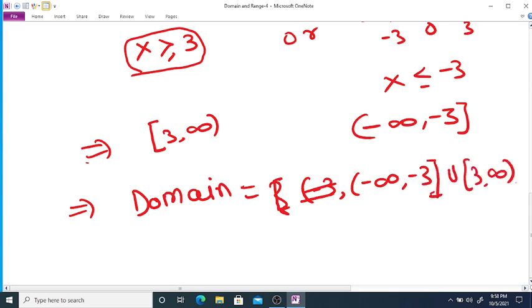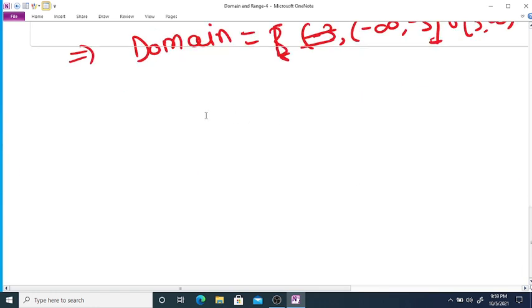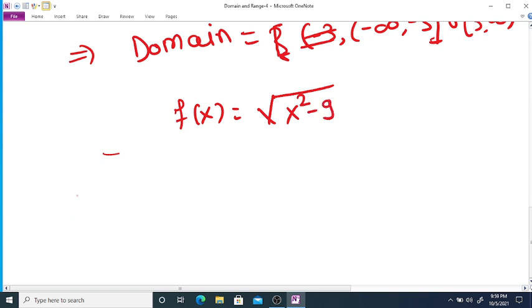union [3, ∞). Next we want to determine the range of the function f(x) = square root of (x² − 9). You can use an algebraic method or a graphical method. Put y = square root of (x² − 9).